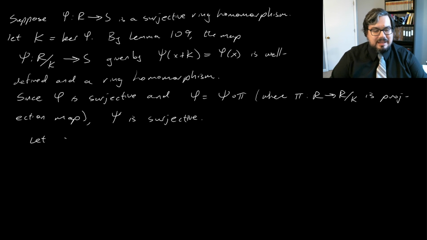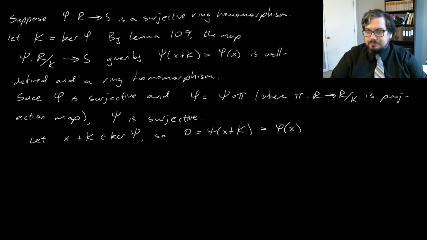So let's let x plus k be in the kernel of psi. So that means that 0 is equal to psi of x plus k, which is equal to phi of x.